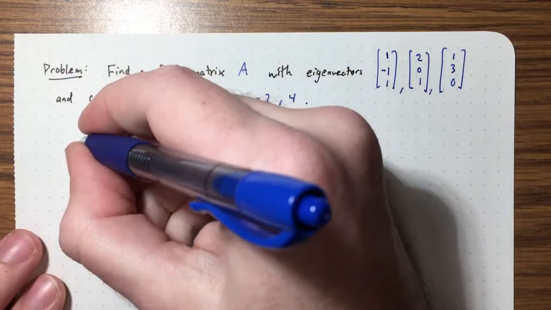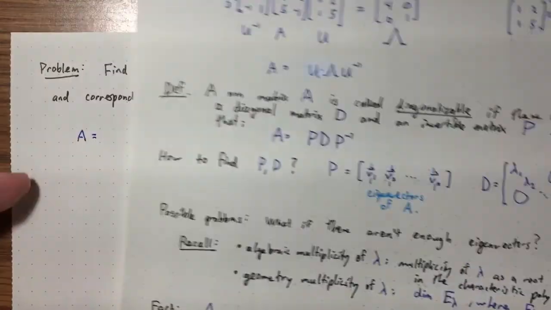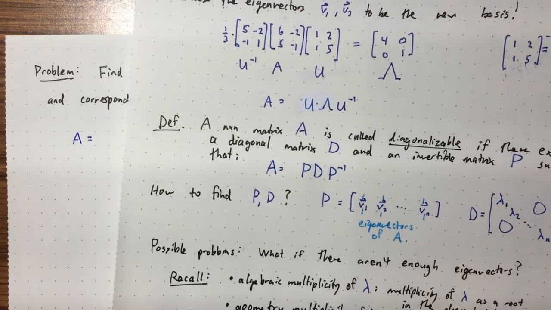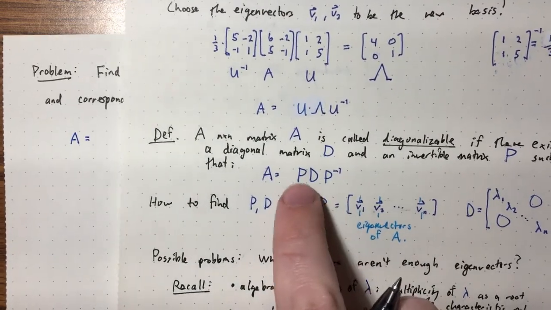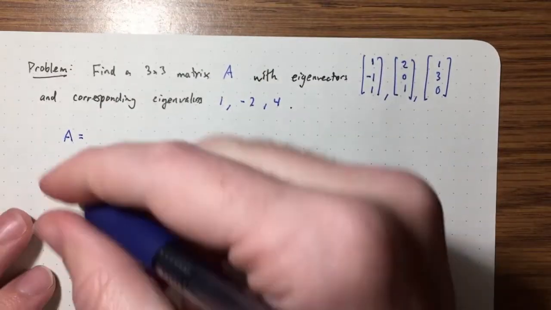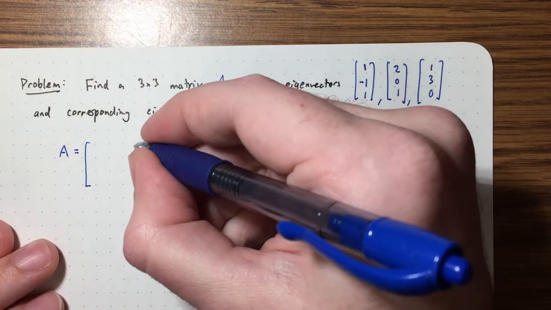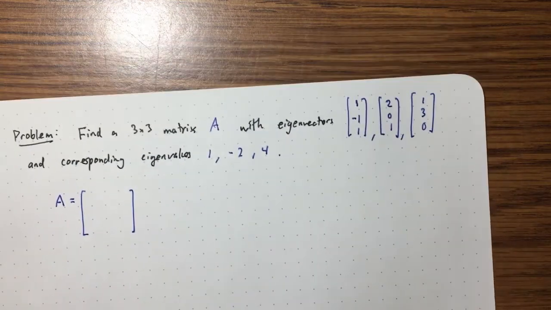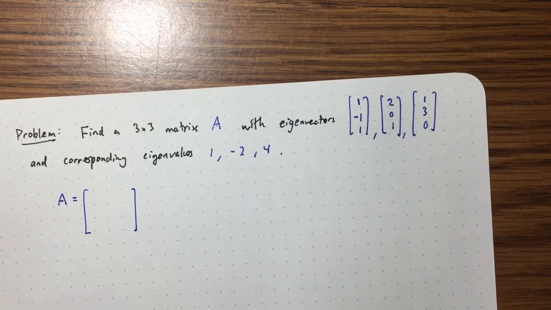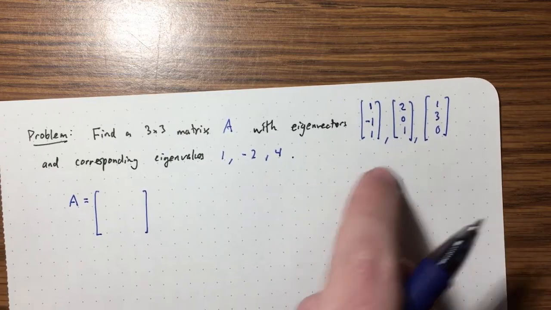We use diagonalization. Because this PDP inverse turns out not to be just any matrices. These aren't just random matrices. These are related to eigenvectors and eigenvalues. So A is going to be PDP inverse. You should check that these actually form a basis, but they do.